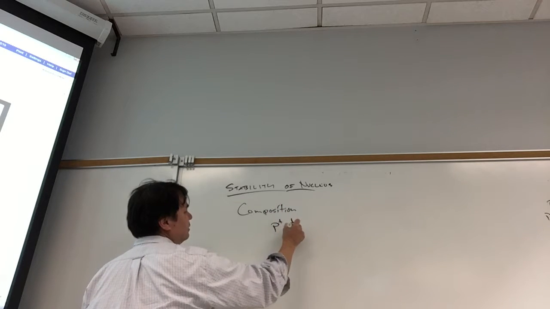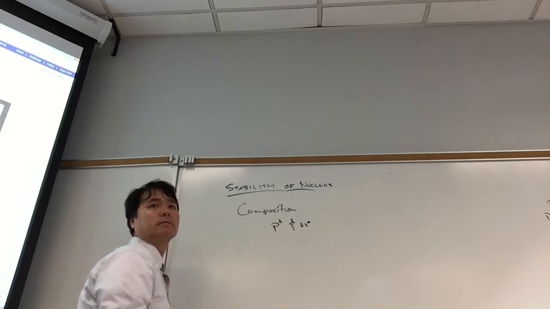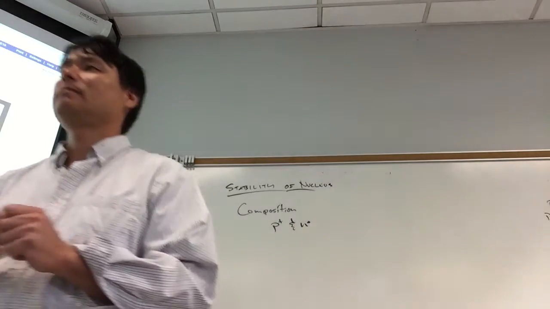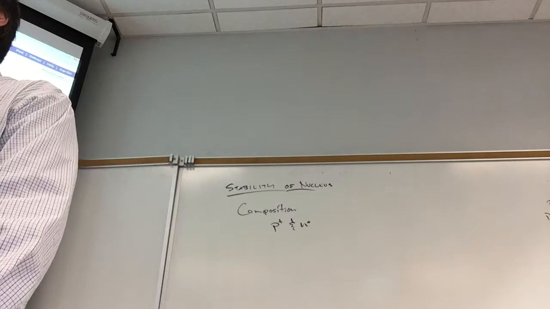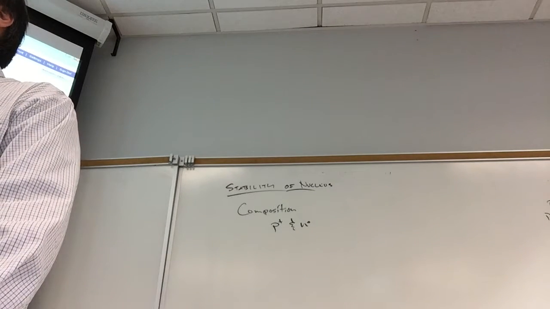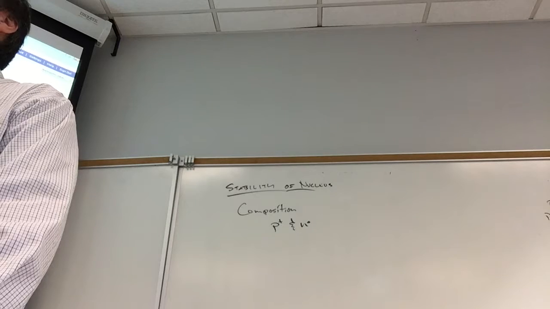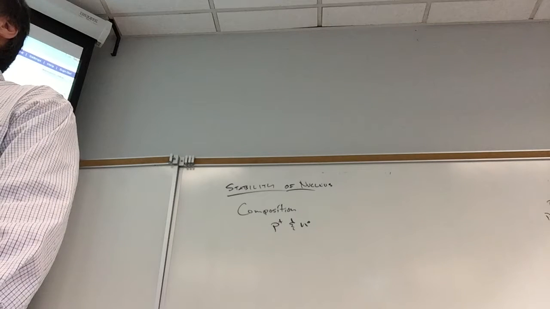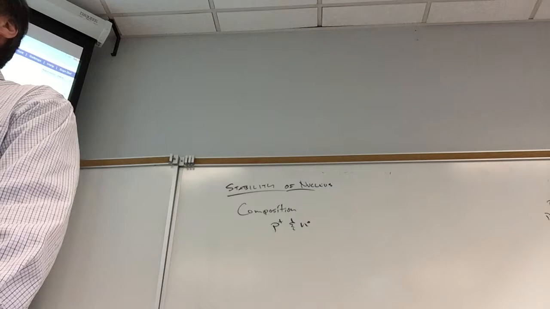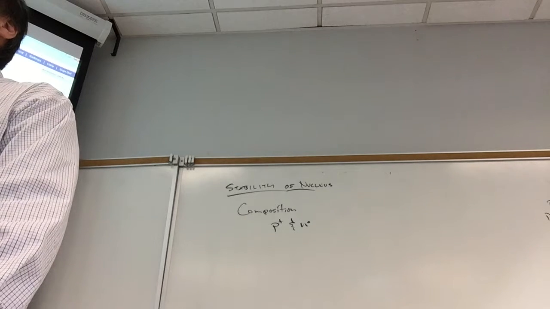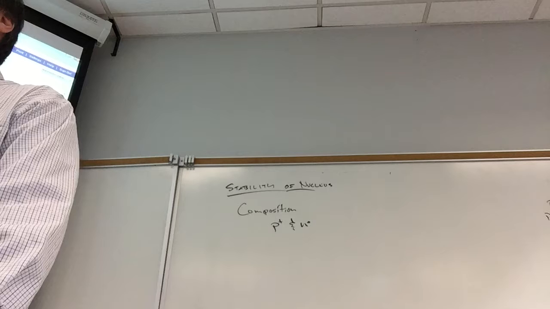Protons and neutrons, right? Composition is easy. And so we can probably correlate the composition with the structure. So if something had 10 protons versus something that has 20 protons, is the thing with 20 protons more stable, less stable?